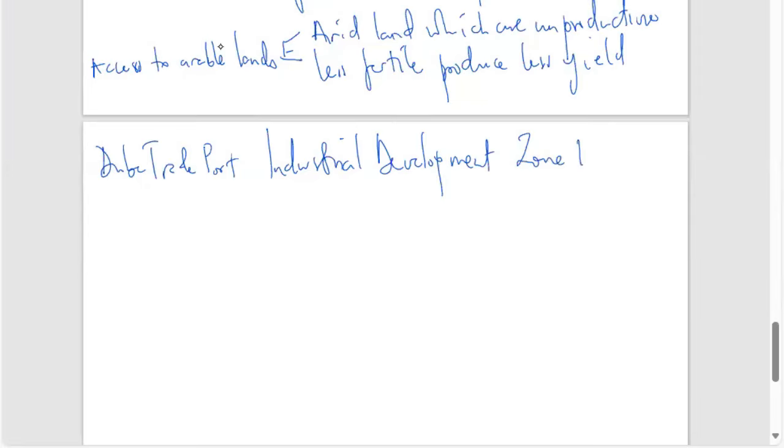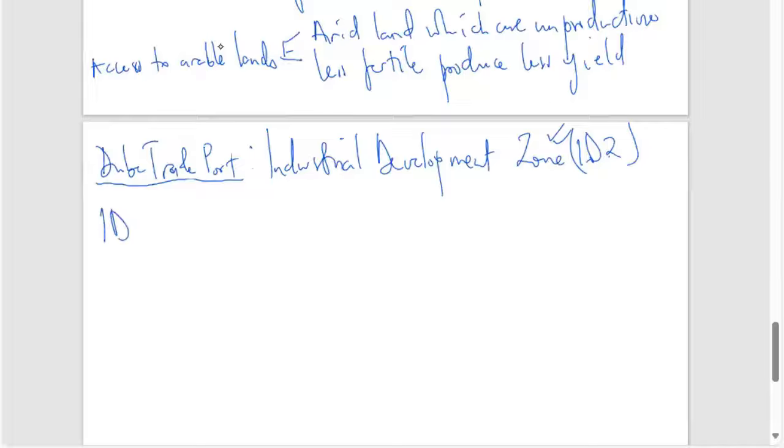What is an IDZ? So that we can relate it to the Dube Trade Port features. That's the question. We need to first of all understand what an IDZ is so that we can relate it to the features of the Dube Trade Port.